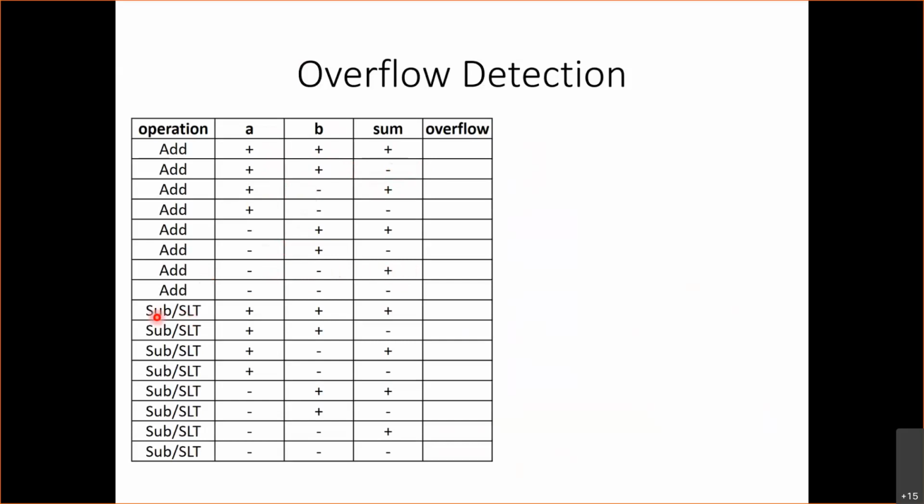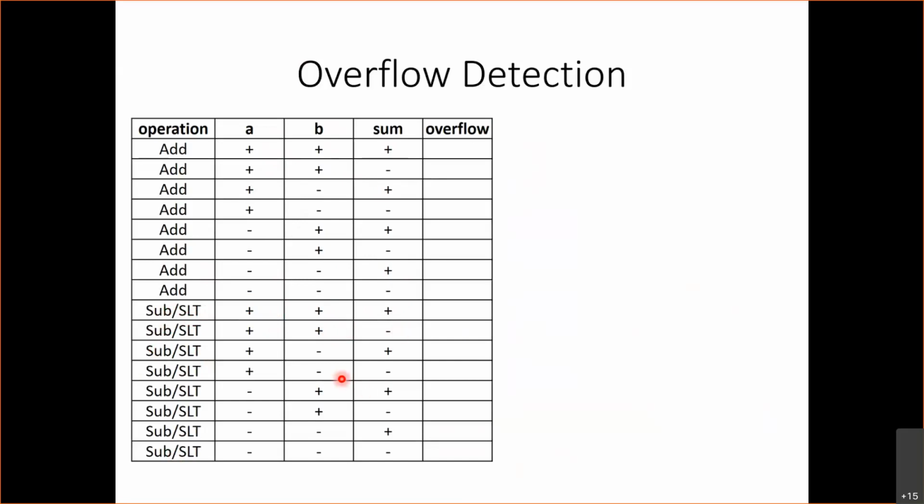If I'm doing subtraction, and it goes without saying that subtraction also means set on less than, because set on less than uses subtraction. So if I'm doing subtraction or set on less than, if I subtract a positive number from a positive number and get a positive number, that's fine. If I subtract a positive number from a positive number and get a negative number, that's also fine.